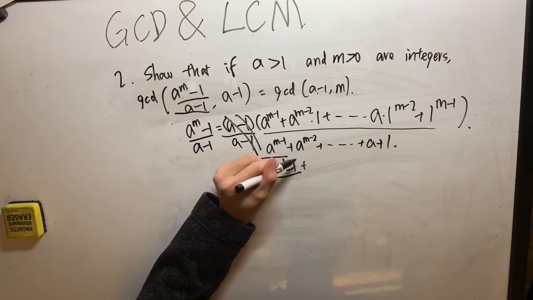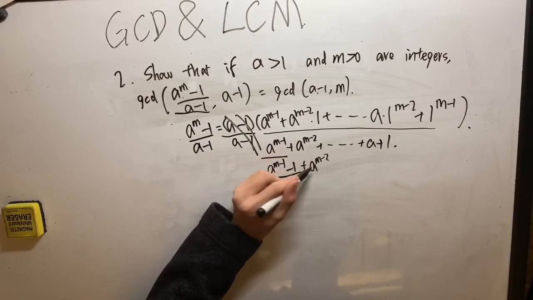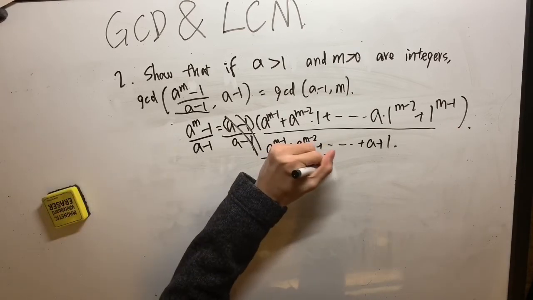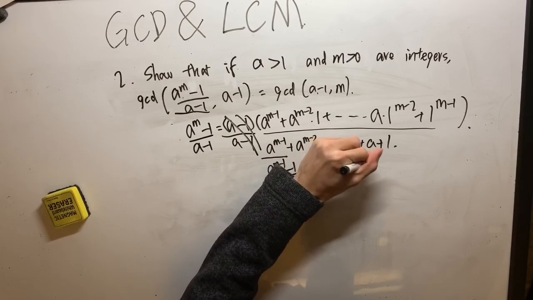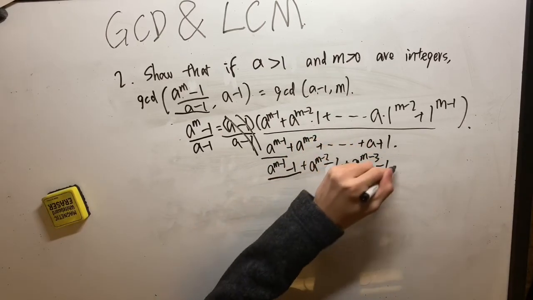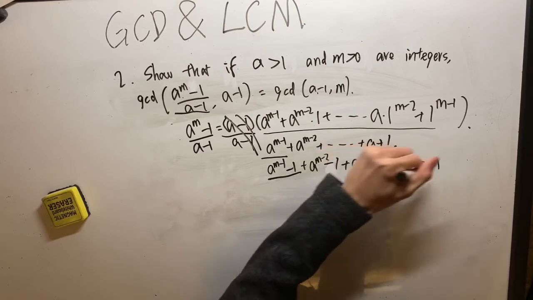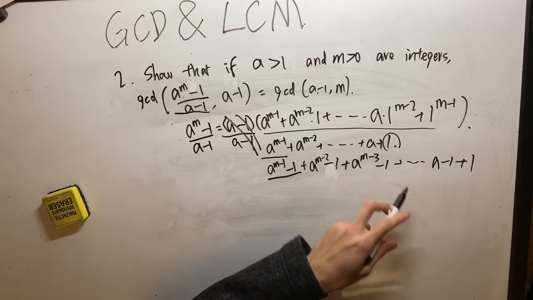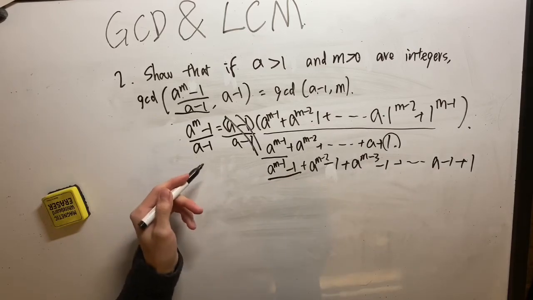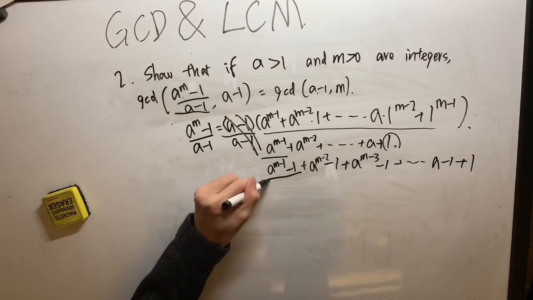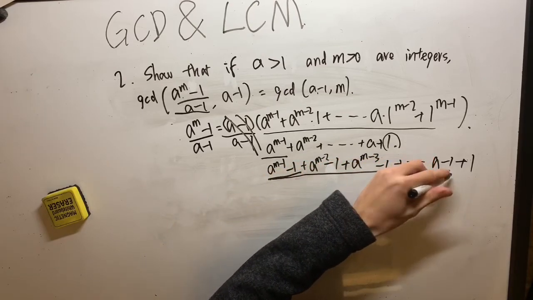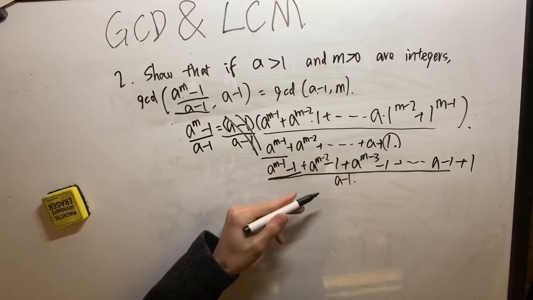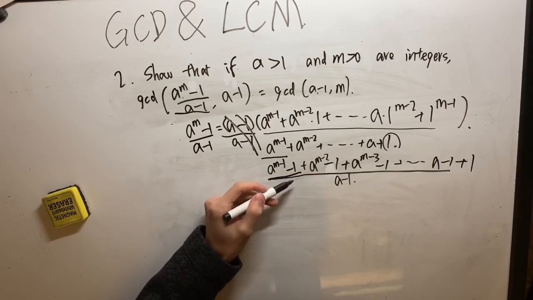So we can keep doing that. A to the m minus 2 minus 1 plus a to the m minus 3 minus 1 plus all the way to a minus 1 plus 1. 1 is the only number that cannot be divisible by a minus 1. So this whole thing is divisible by a minus 1, but we have subtracted m.